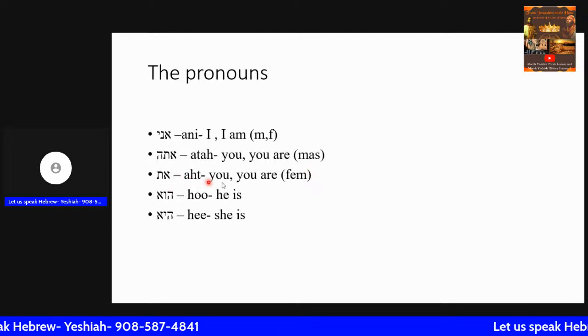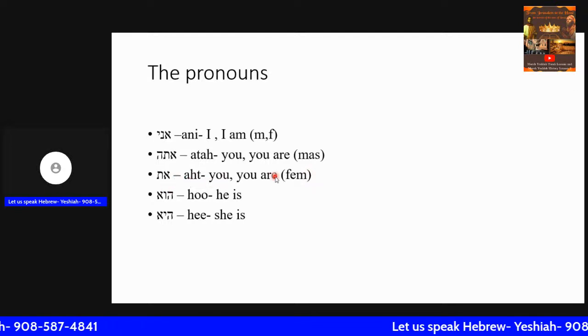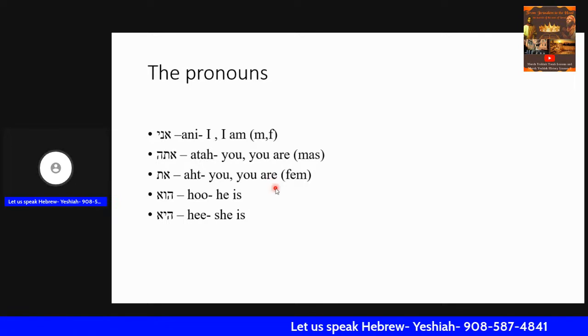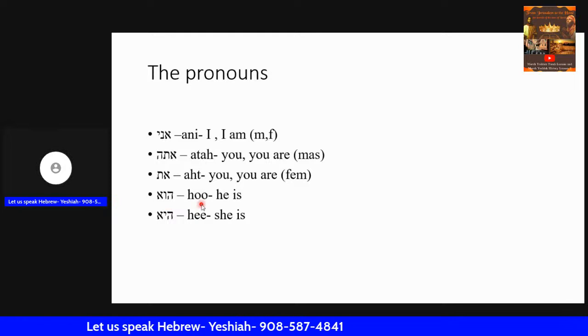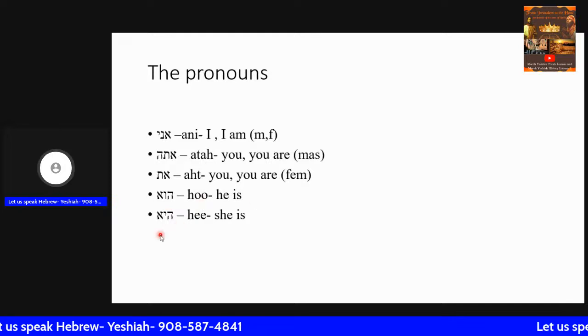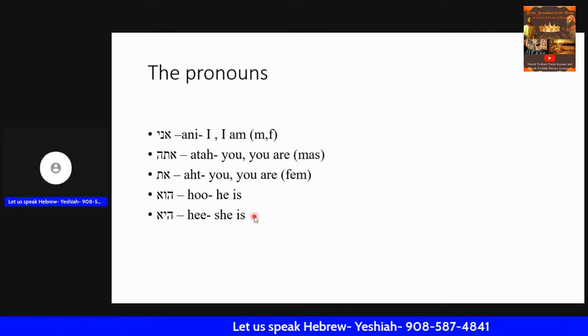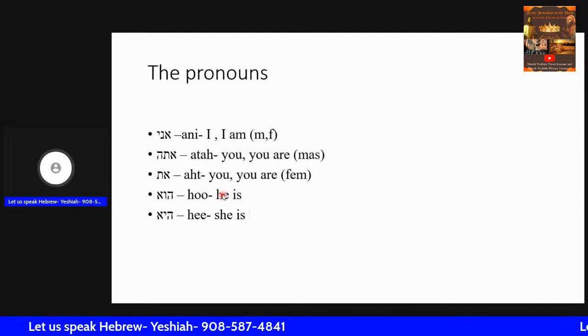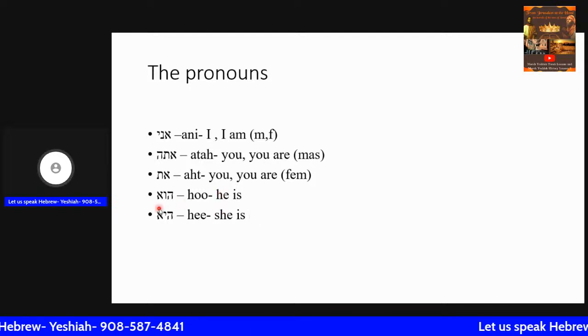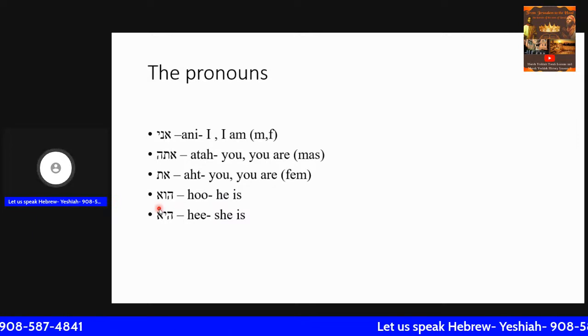At means you or you are when speaking to a female, whether you are male or not. And then dealing in the third person, hu means he is, and hi means she is. So you would say, Yalda, hi lomedet, a girl, she is studying. You would say, Yeled, hu kosheb, a boy, he is thinking.